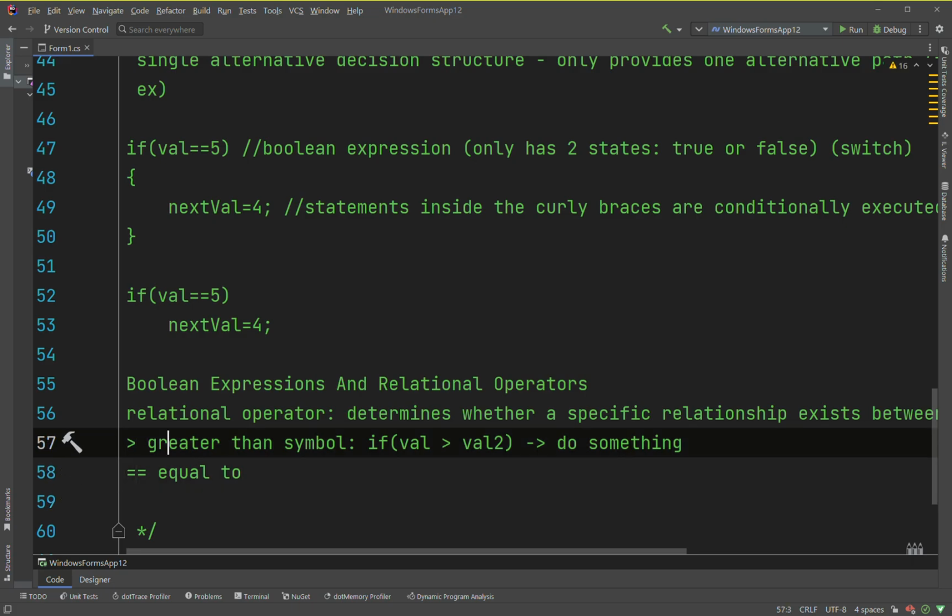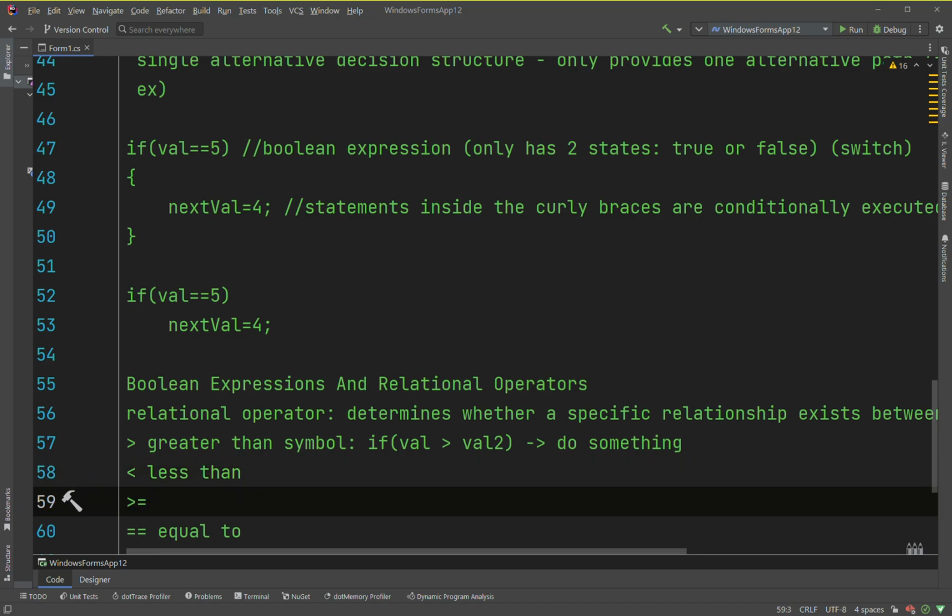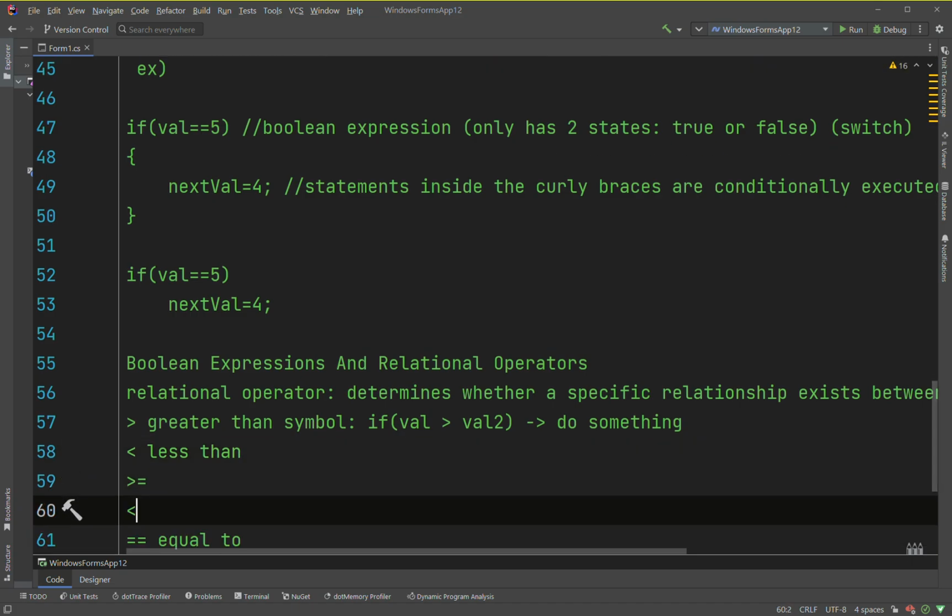So then we'll just throw a less than in here. We won't get into detail on all of them because obviously they're pretty self-explanatory, but we have less than, greater than or equal to, less than or equal to, and then not equal to.